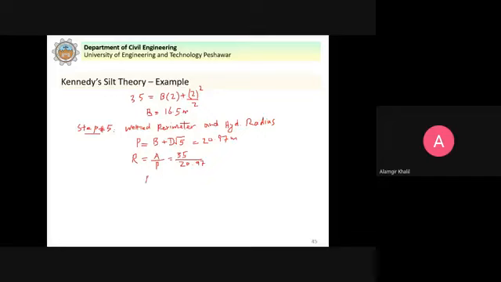So this gives us the hydraulic radius, which is 1.67 meter. Now we can go to the final step, step number 6 of the design procedure.